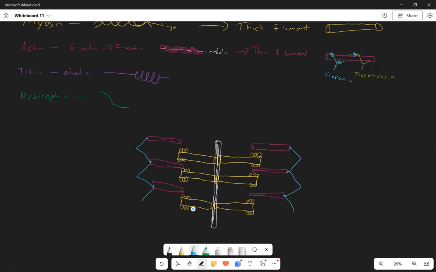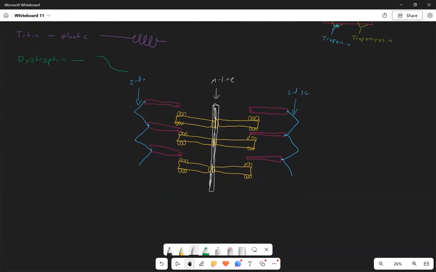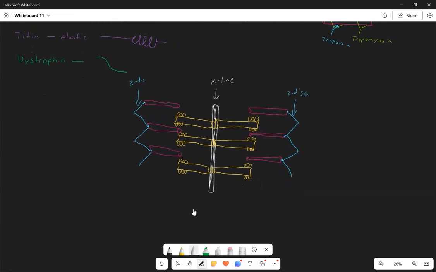So this is a Z disc, and this here is a Z disc. Then remember, in the center we had our M line, like so. Now the region from Z disc to Z disc, this is what we refer to as a sarcomere. And a sarcomere is the functional unit of the skeletal muscle.